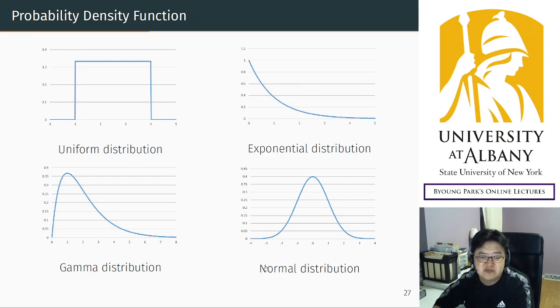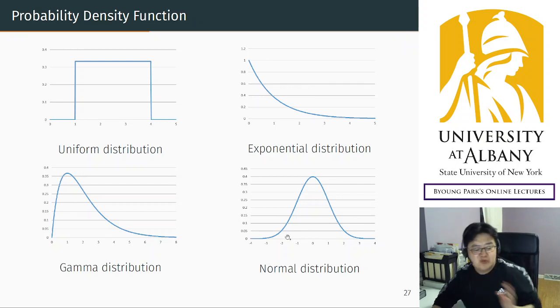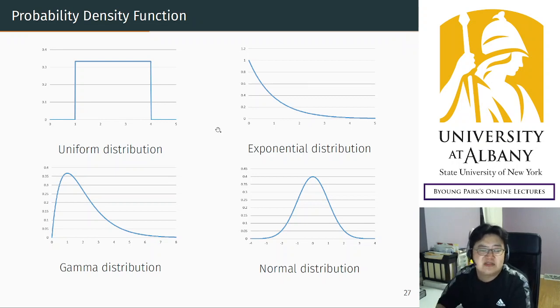So far, I spent this lecture to give you the idea of continuous random variables, and we get the normal distribution at the end of this lecture. You do not need to know what these are, but I just wanted to show you there are many different shapes of probability density.